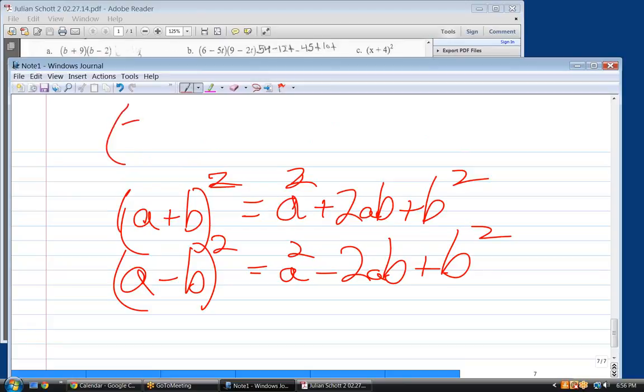What is this? Based on that, don't FOIL it. Use this formula.